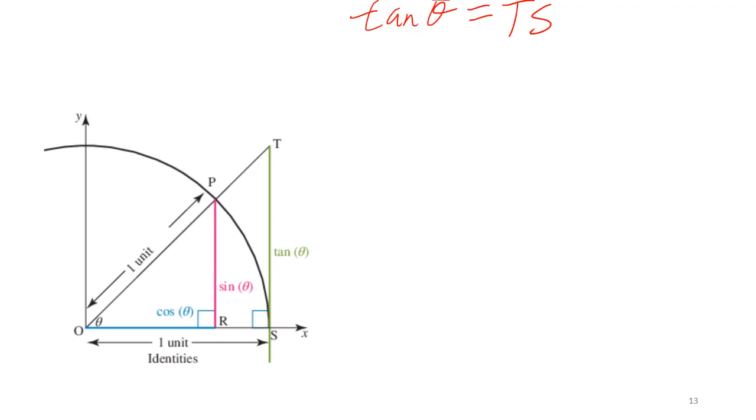We also know, let's look at the triangle OPR. So we're looking at this triangle OPR, the small triangle, the triangle that we have been playing with a few slides ago.